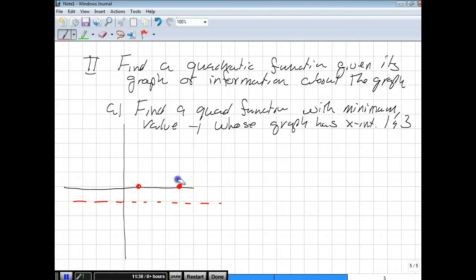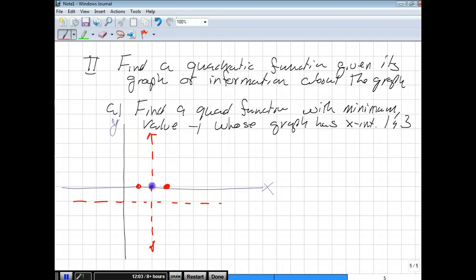Oops, I put this in the wrong place. Okay, this is my x-axis, this is my y. Okay, 1, 2, 3. Okay, now remember the axis of symmetry always goes through the x value of the vertex.